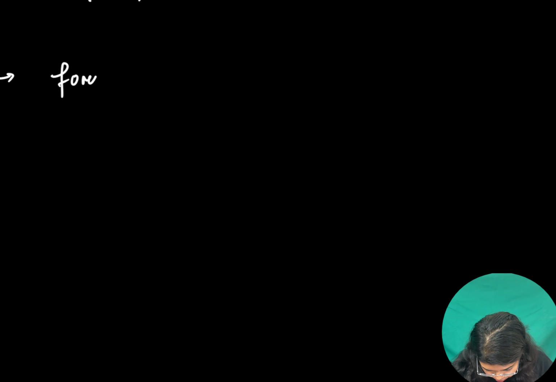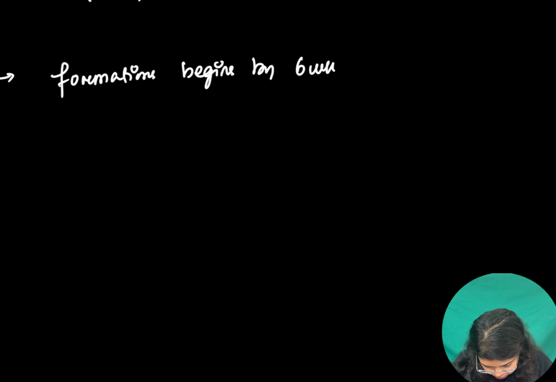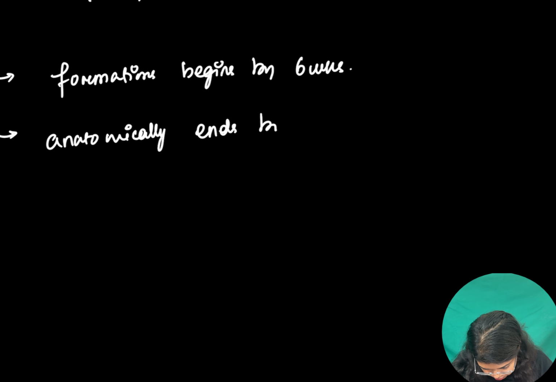Then write some features about the placenta. Its formation begins by 6 weeks, and anatomically it ends by 16 weeks, but physiologically it continues till term.